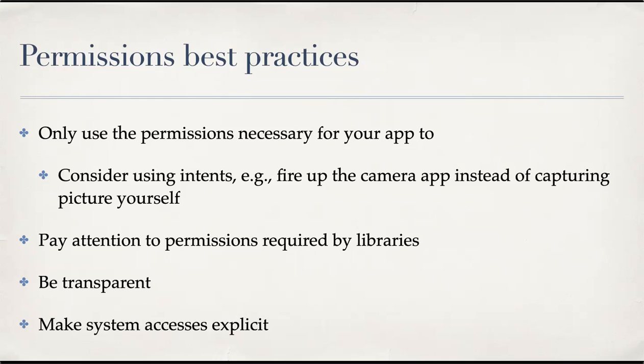Provide continuous indication when you access sensitive capabilities like camera or microphone, and make it clear to them when you are using the data, so the users don't perceive that you are stealthily trying to access their data or other sensitive information.